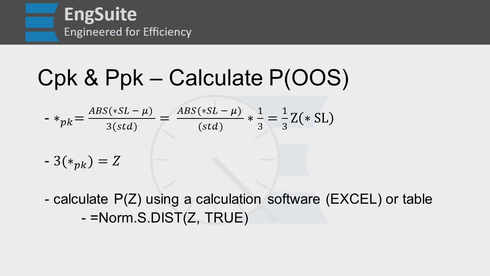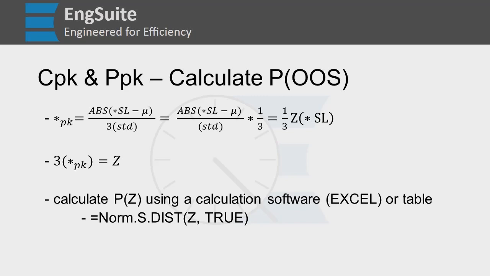So we know that the absolute value of the spec limit minus mu, because now it can be either U or L, upper or lower, because all we care about is which one's more likely to fail, over 3 times the standard deviation. So we can break the 1/3 out. We know that this here is actually a z-score. So we know that our capability index, either one, is going to be 1/3 of its z-score. So we can take our capability indices, multiply it by 3, and get the z-score.